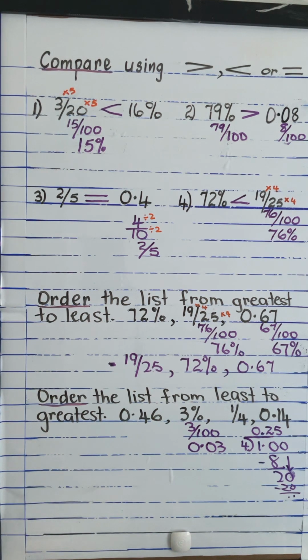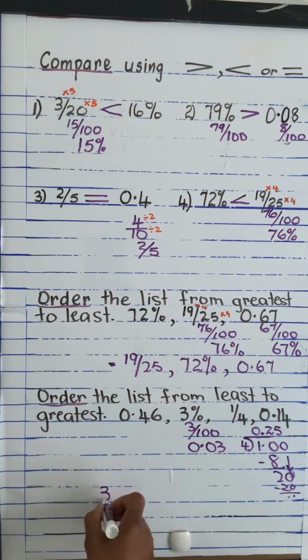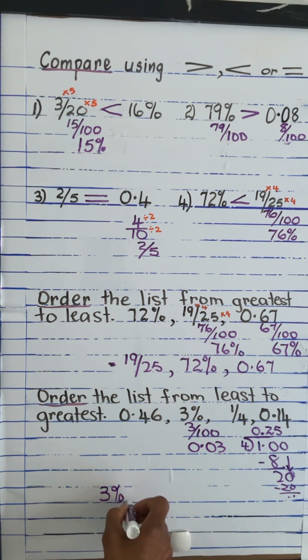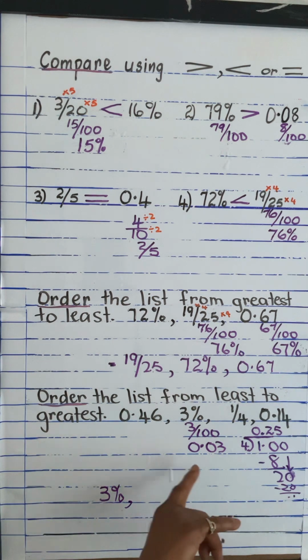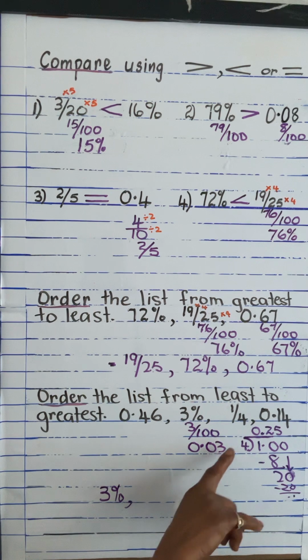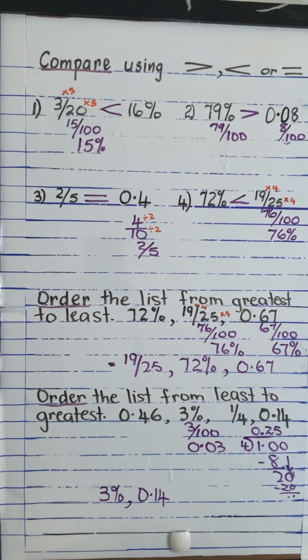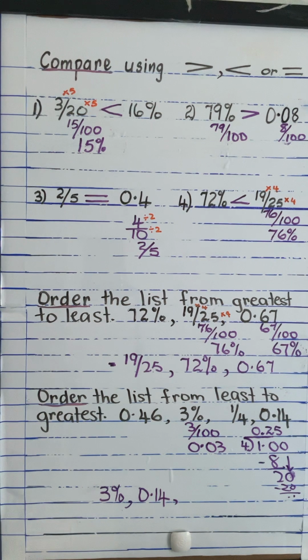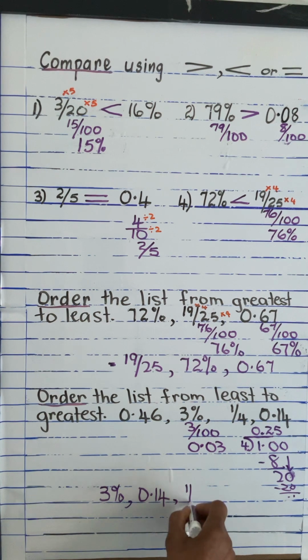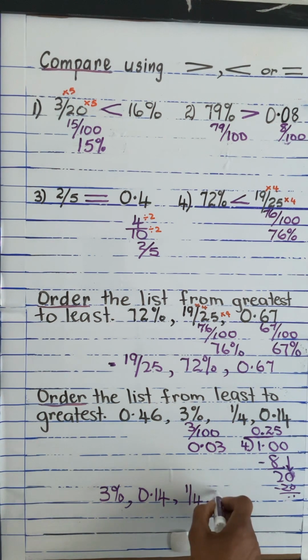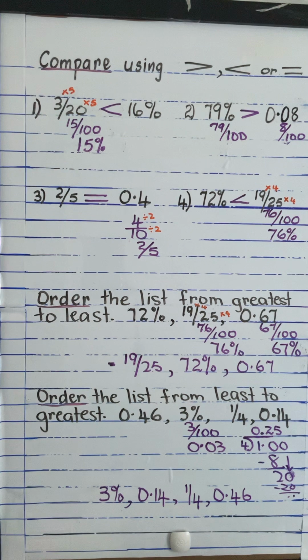Remember, it's 3% we're ordering, so it is 3%, followed by 0.14, followed by 0.25, which is a quarter, and then 0.46. And there you have it.